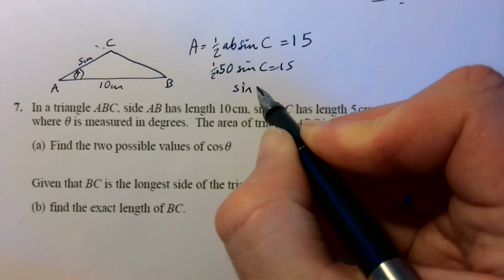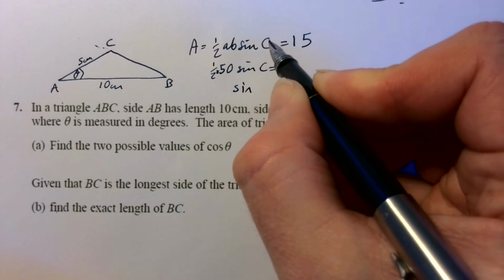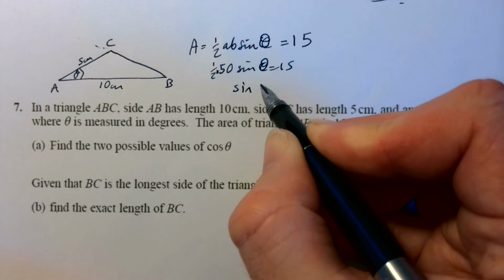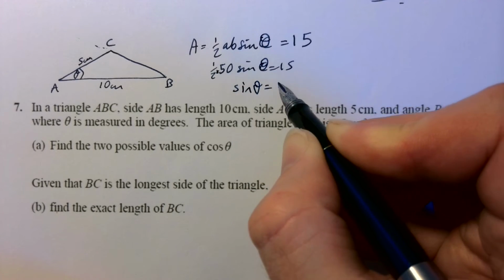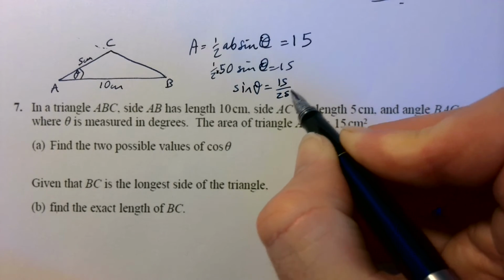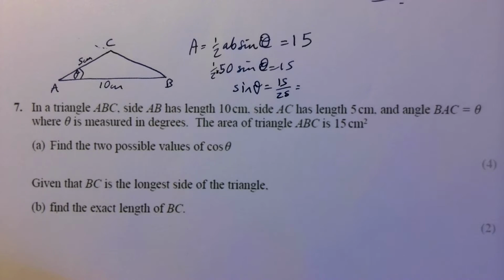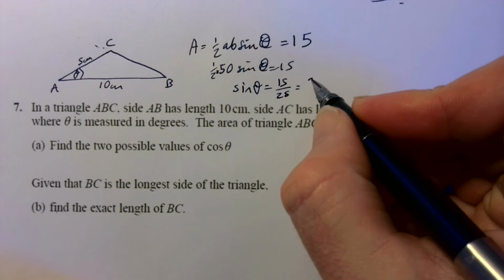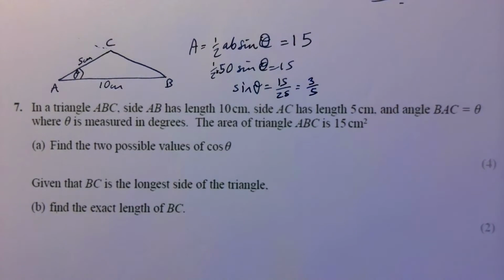So sin C, or sin, I should be putting theta in there really, shouldn't I? Sin theta will be 15 over 25, and 15 over 25 actually is 3/5, isn't it? So that's my sin theta, but they're talking about cos theta.